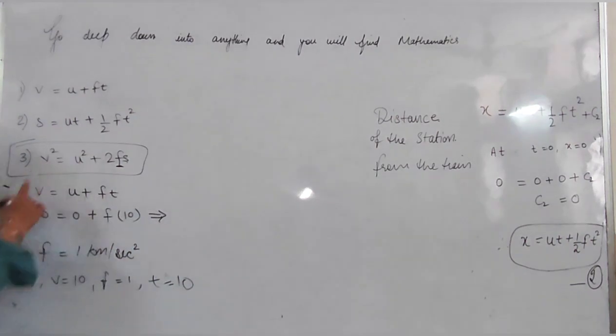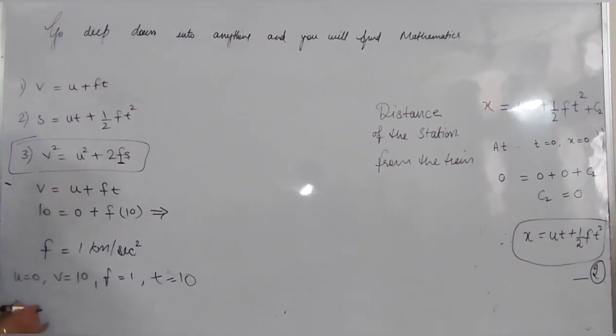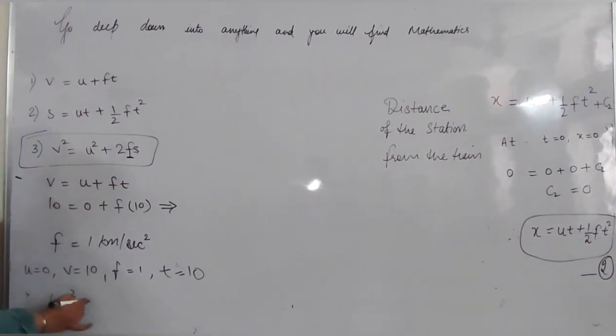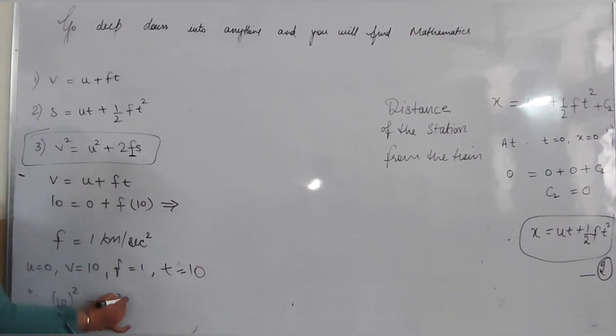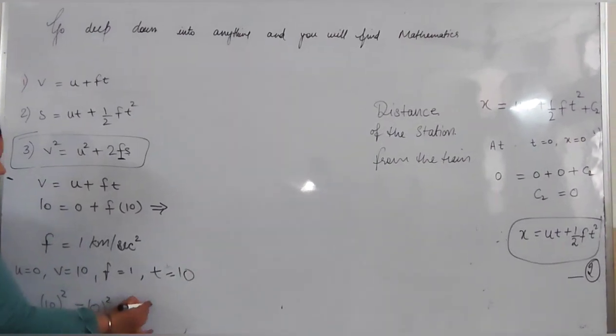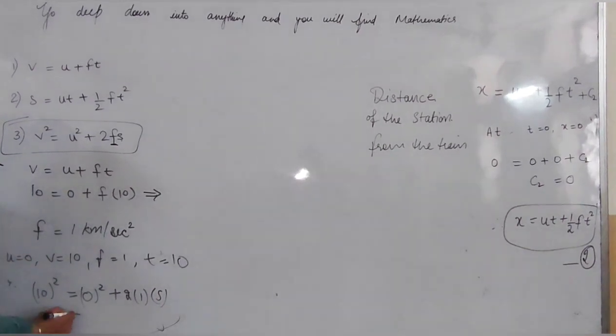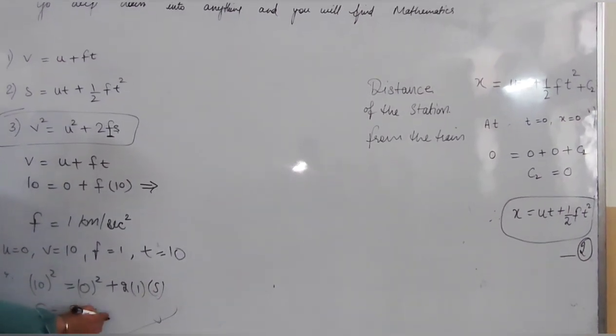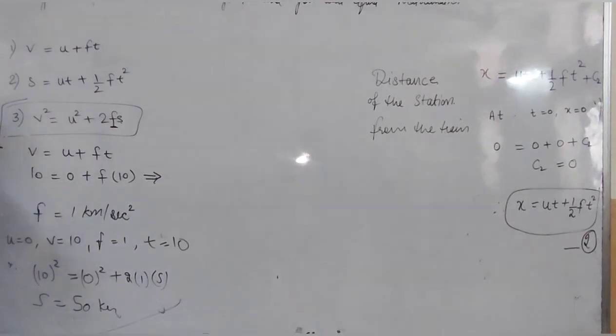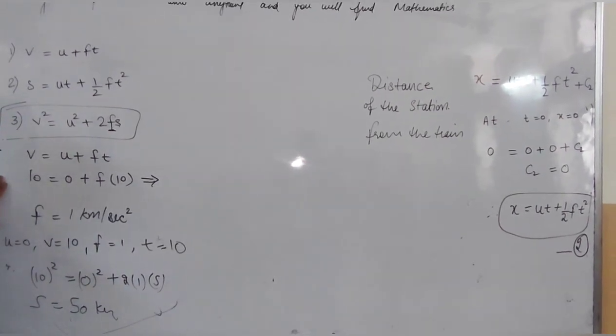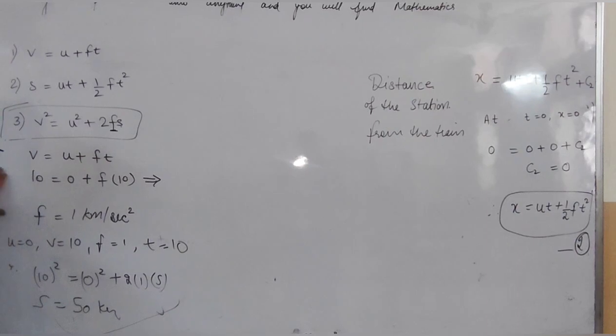So putting these values in this equation, 10 square is equal to 0 square plus 2 into 1 into s. So my s will be 50 kilometer. So with the help of these three formulas, we have found out the distance between the train and the station.